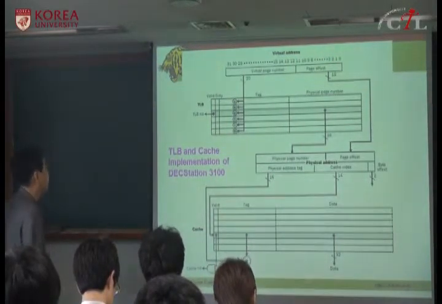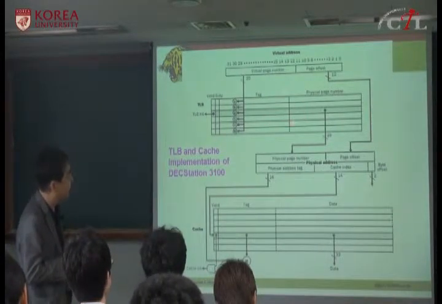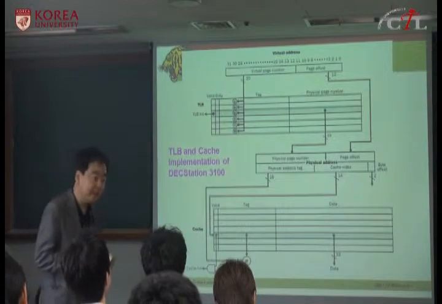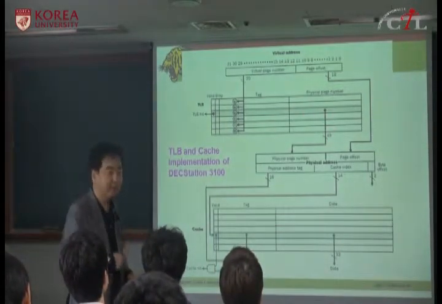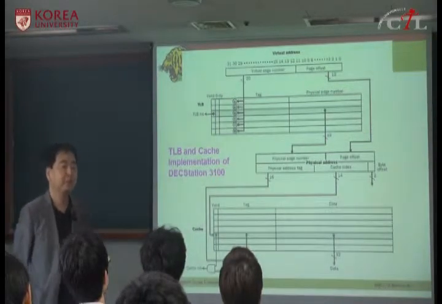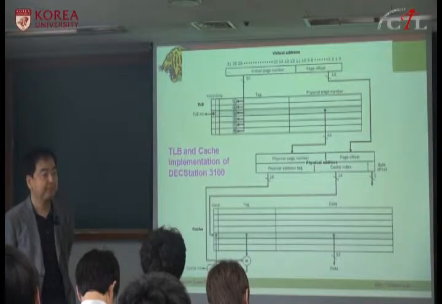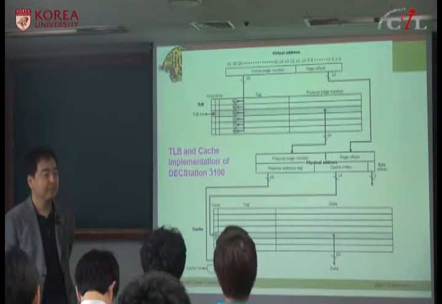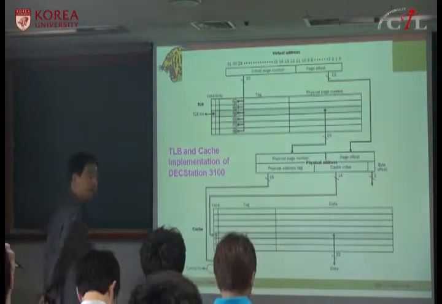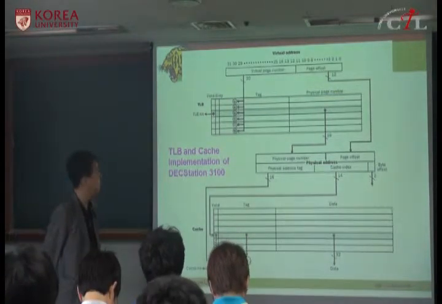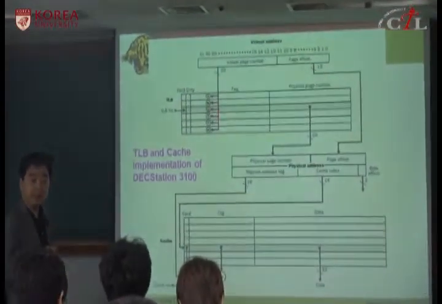And what is this? This is the TLB. In terms of cache organization, is this fully associative, set associative, or direct mapped? It is fully associative because it has a comparator for every entry.